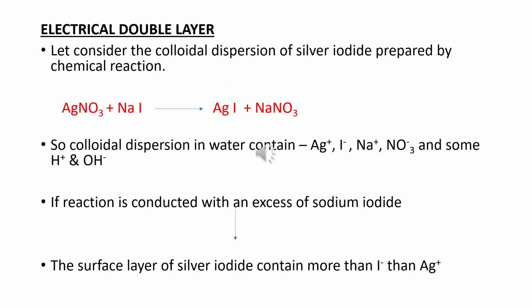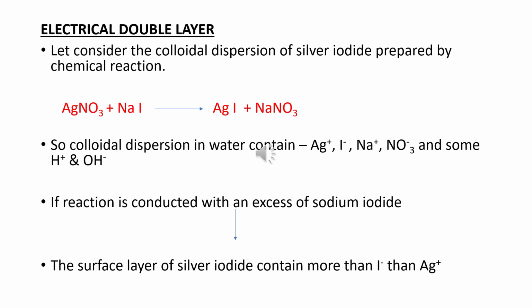The next slide introduces the electrical double layer using a silver iodide solution prepared by chemical reaction: silver nitrate plus sodium iodide gives silver iodide and sodium nitrate. When silver iodide is formed in water, the dispersion medium contains several ions such as Ag+, I−, Na+, NO3−, and also some H+ and OH− ions from water.